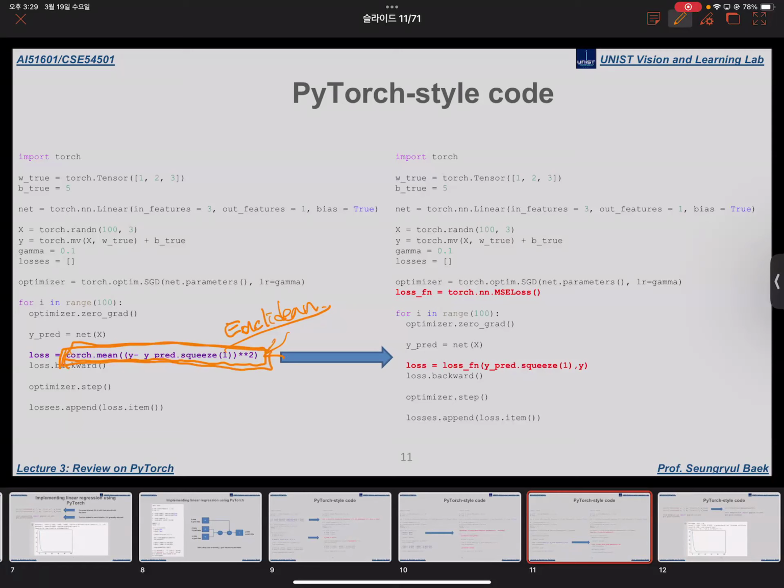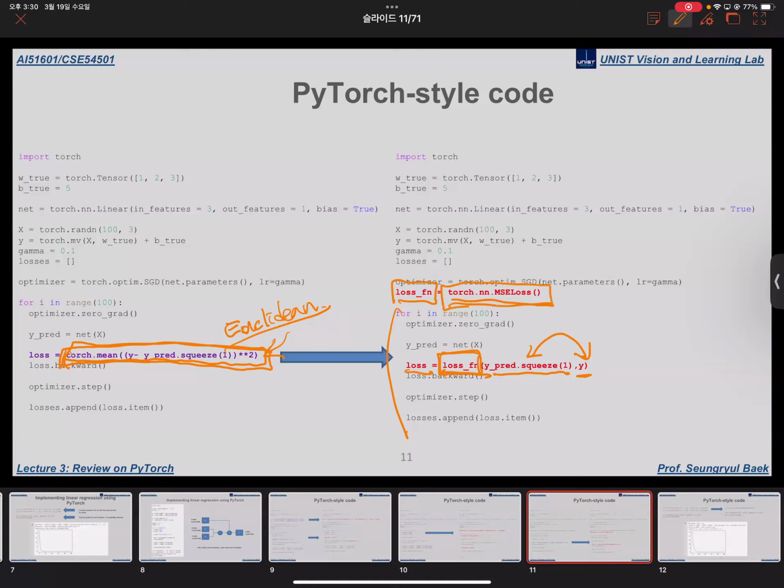So for reducing the effort of changing this part, we can explicitly define the loss function here outside the iteration, and we can just input the predicted value and their ground truth value, okay? Actually, this loss function is the function that can find the distance between predicted and ground truth y values. That's actually loss.